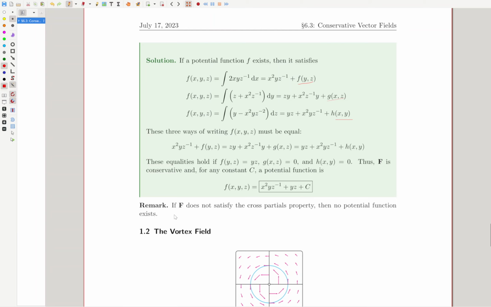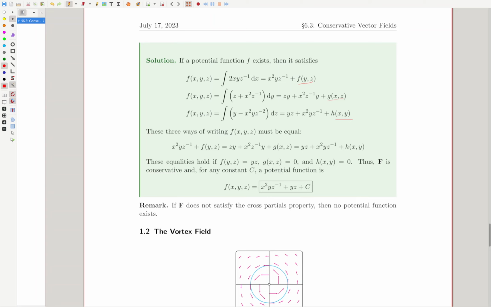Right, and this is just to make sure everyone's on the same page. When you are doing this, you are assuming that the potential function exists. But maybe as a first step, you should check whether your vector field has any hope of being conservative in the first place, which means that you check the cross partials property.